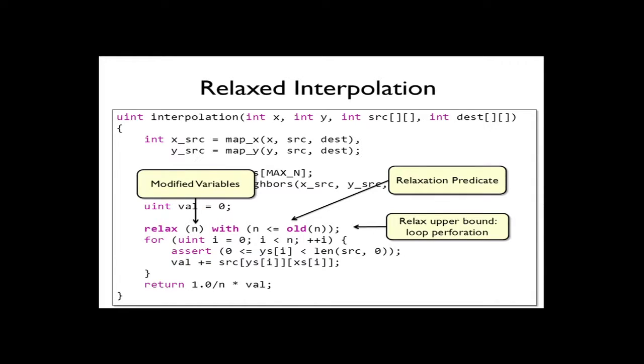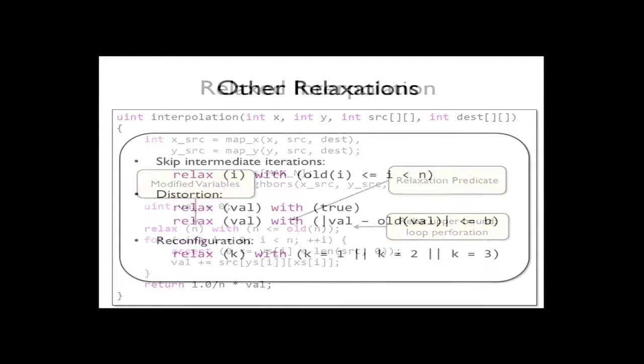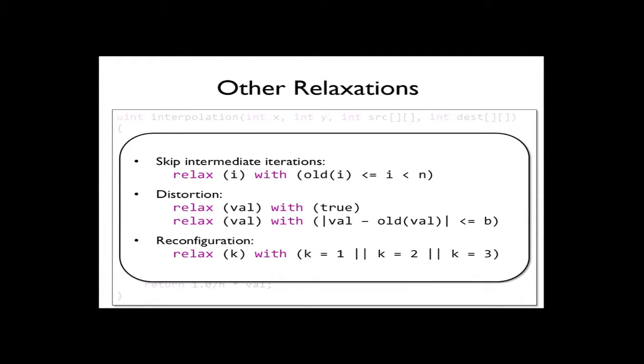Now, this predicate is general, so we can express other relaxations. For example, we could skip intermediate iterations, or we could have distortions, where we distort the values of variables in our program, which could represent something like function substitution, where we put in a different way of computing a value.